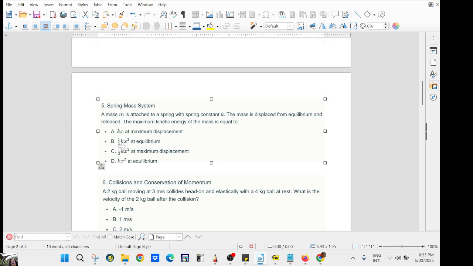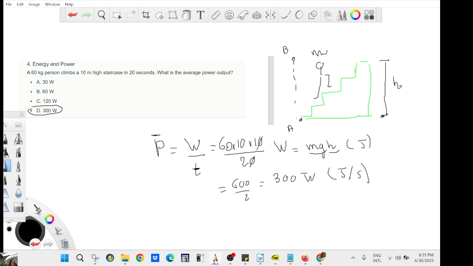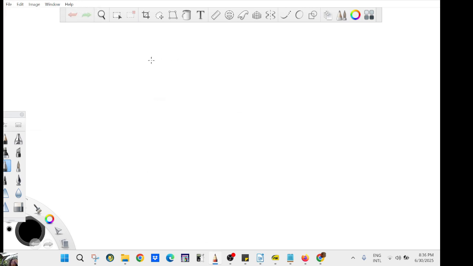That will be when the spring is compressed or stretched, and then you have kinetic energy. Actually it's a simple harmonic motion. So it's easy as long as you know the definition. I mean, you know what's going on.